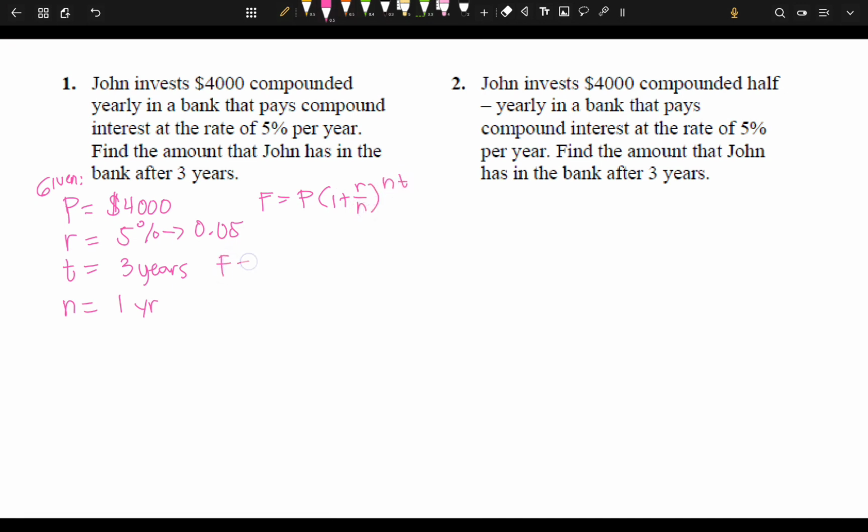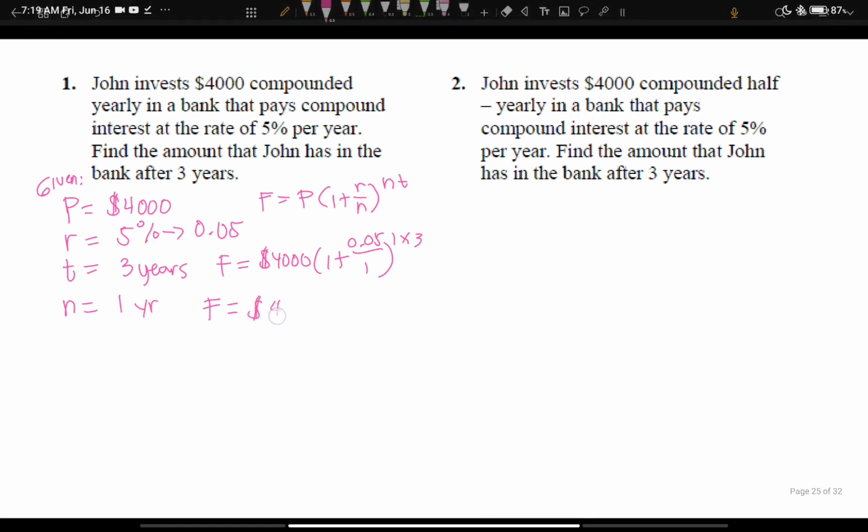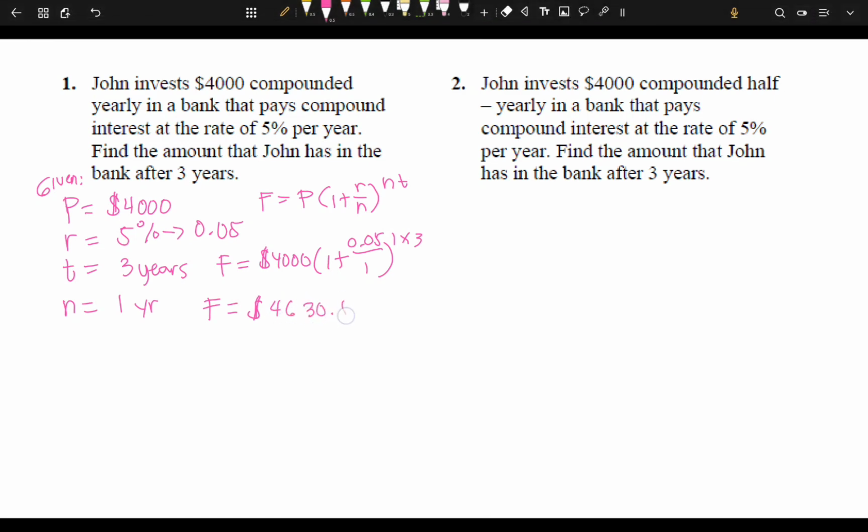So for the future amount, we have the $4,000 times 1 plus R natin is 0.05 all over 1 times 3. So our future value will be equal to 4,630.5. So this is our final answer.